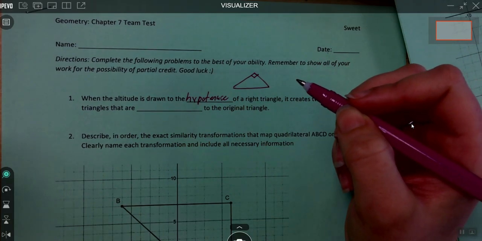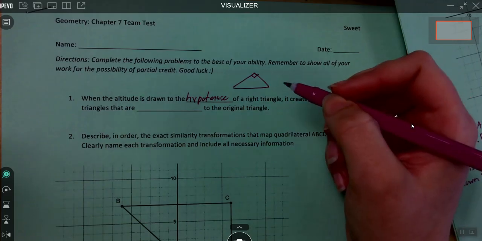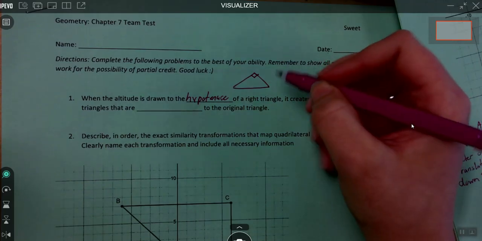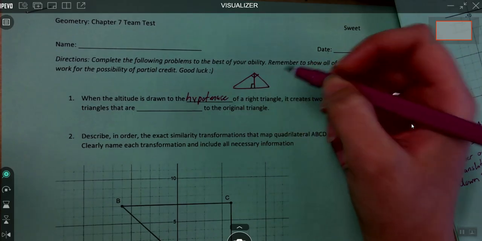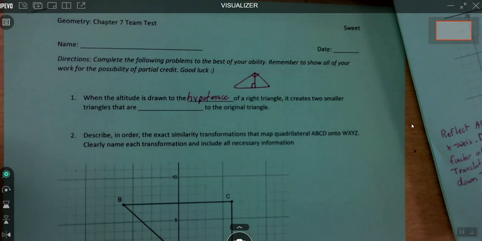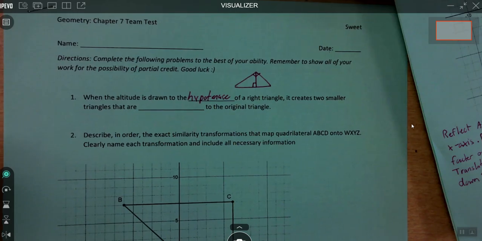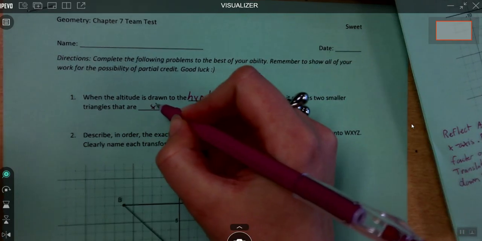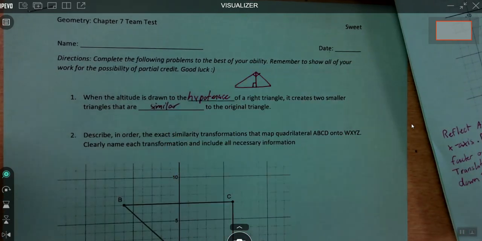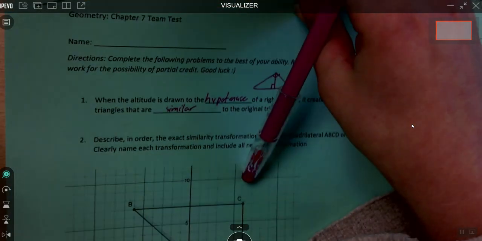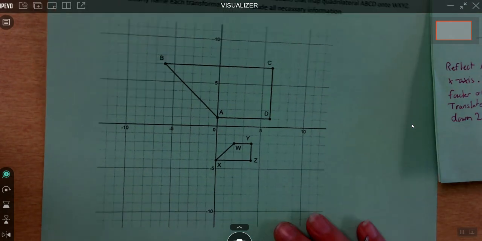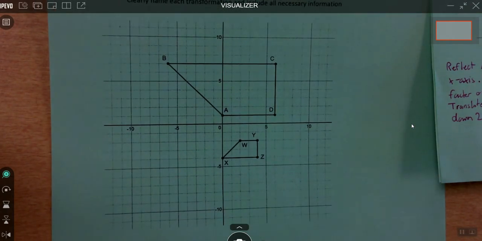A right angle, yes. So it's going to be perpendicular. It creates two smaller triangles that are similar to the original. Okay, guys, there will be a definition one on the test. I like definition questions to start it off. So it's going to be on there, just so you know.